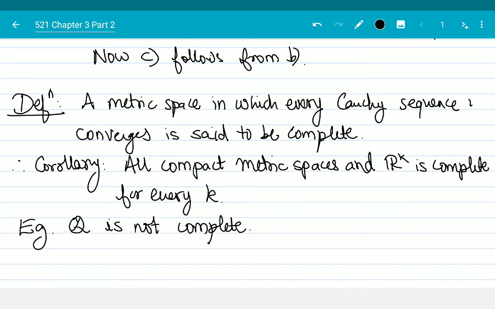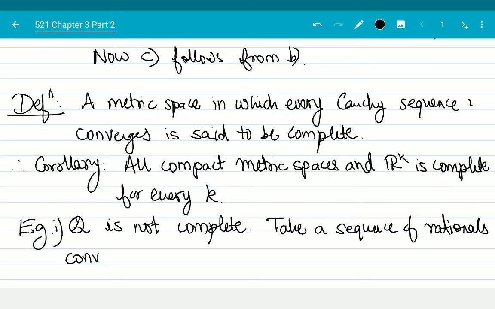Okay. For example, take a sequence of rationals converging to root 2 in reals.